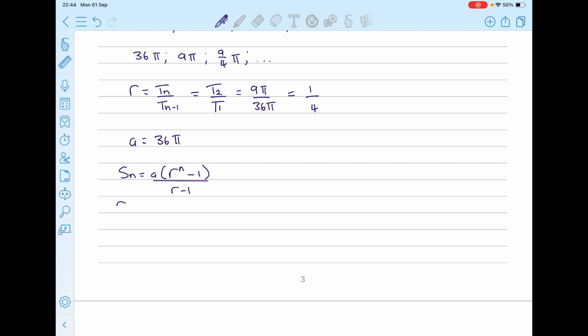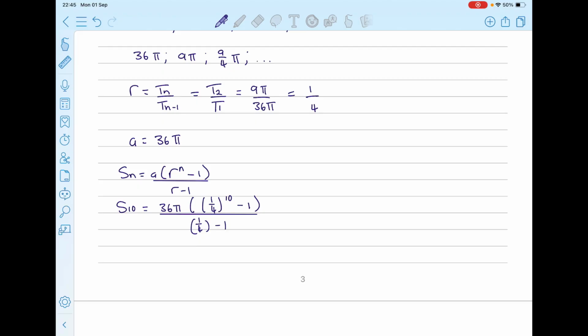Okay, and we are calculating S10. So A is 36 pi, r is 1 over 4 to the power of 10, divided by 1 over 4 minus 1.